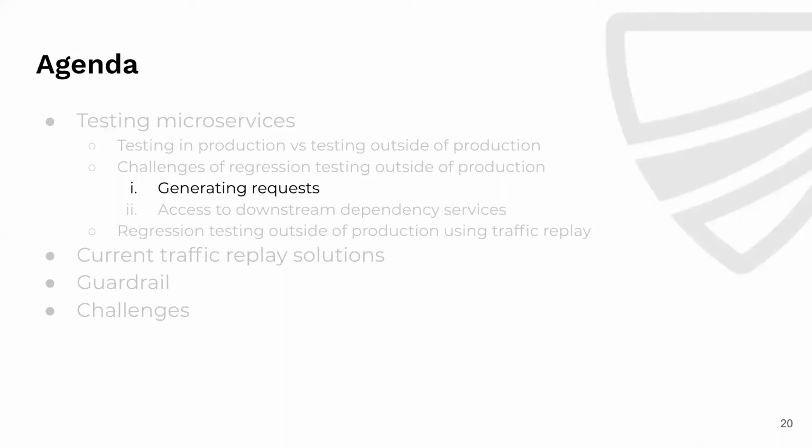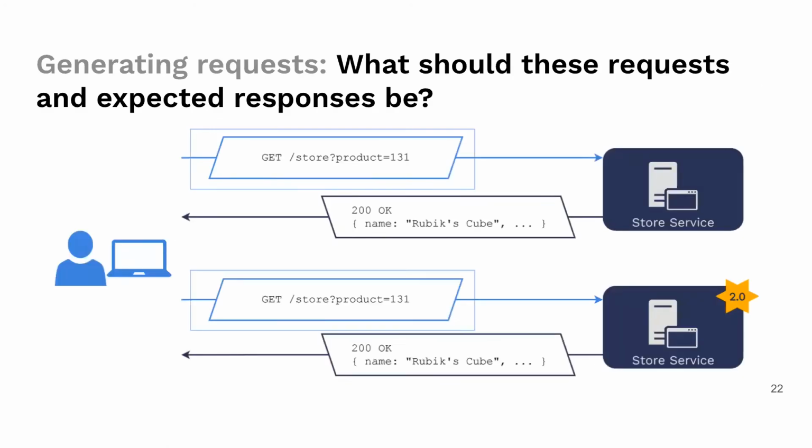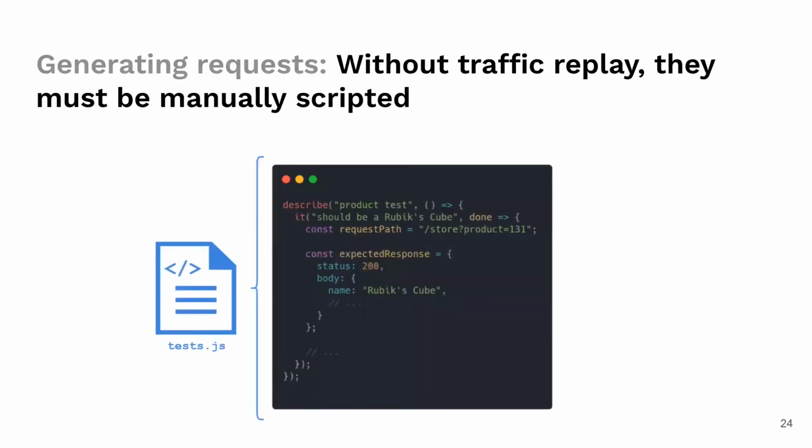First, generating requests to be issued against the updated service. That is, what will these requests be and what will the responses be? One common approach to this challenge is for the developer to manually script the requests based off of their understanding of the application's internal network traffic and the microservice's behavior.